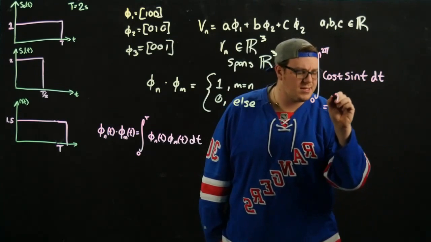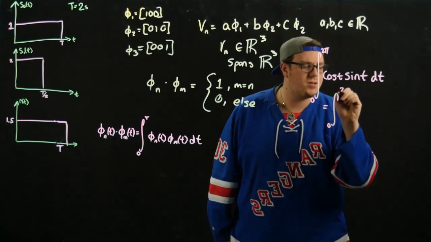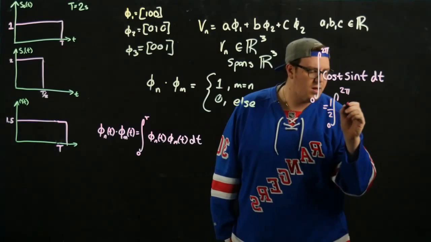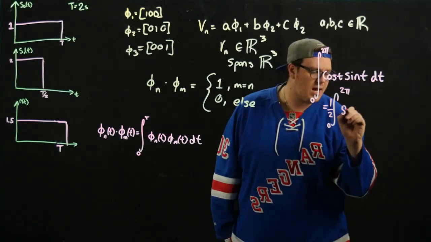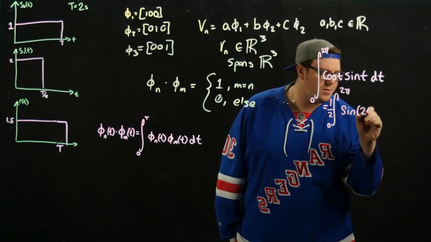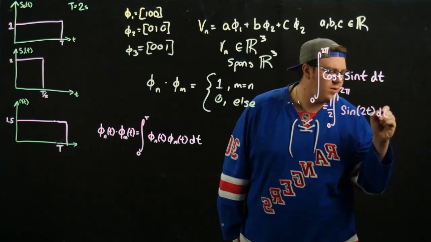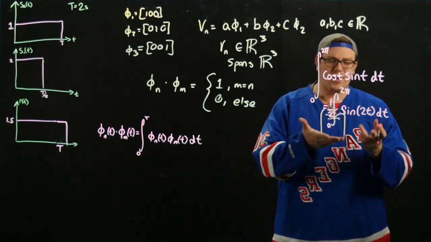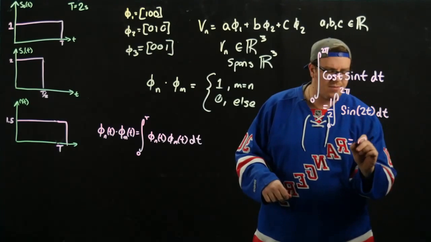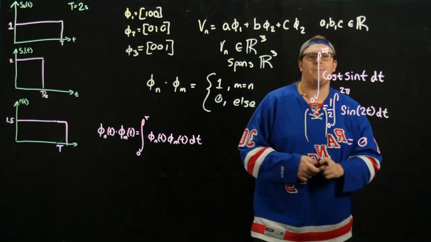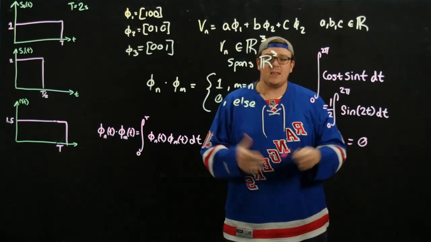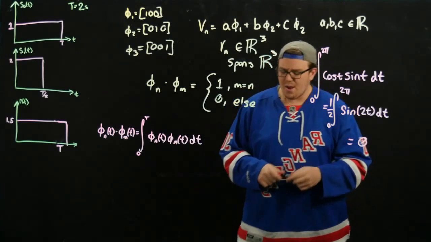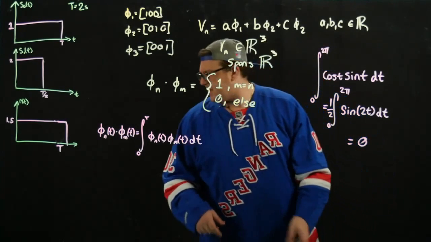Well, this is the same as the integral from 0 to 2 pi of 1/2 sin 2t, by a double angle formula. If we take this integral, what you'll find is that we do, in fact, get 0. So that's very nice for us. It shows that cosine and sine are orthogonal to each other by our definition, which is what we need.